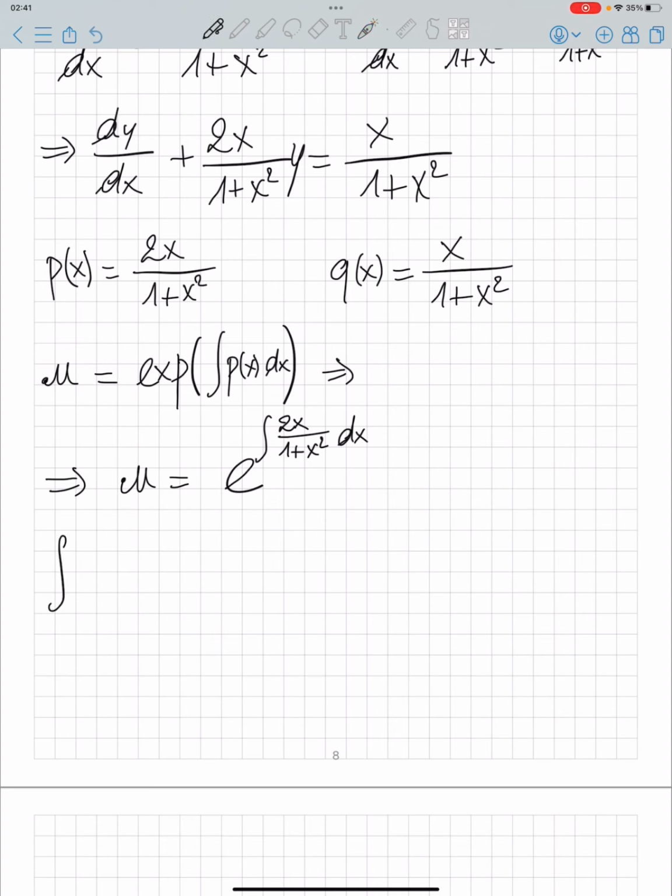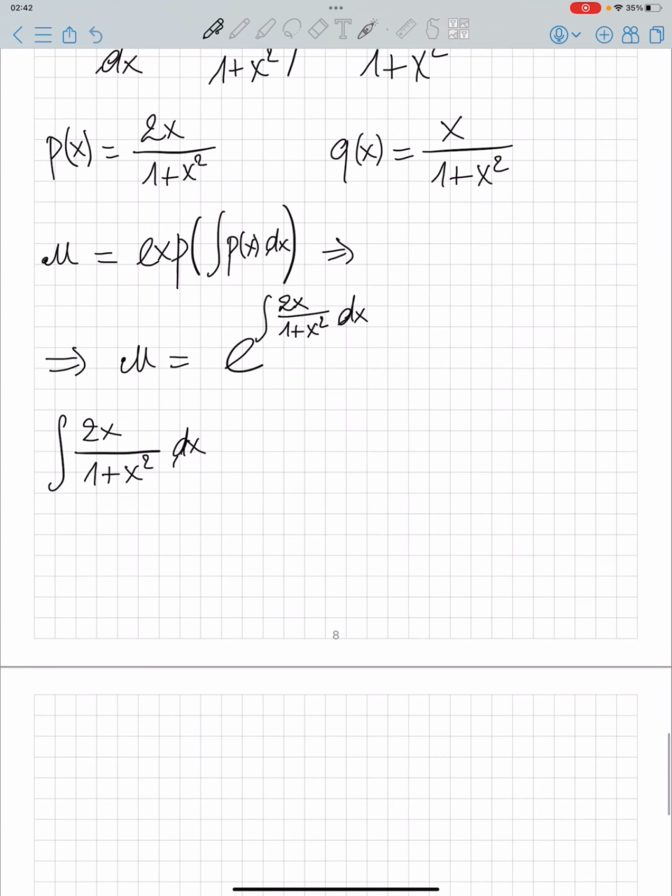So we have integration of 2x over 1 plus x squared with respect to x. We're gonna do it by using the substitution method, right? So let's introduce a u, let's define it to be 1 plus x squared, which is the denominator. So this implies that du/dx is going to be equal to 2x, because derivative of x squared is 2x, right?